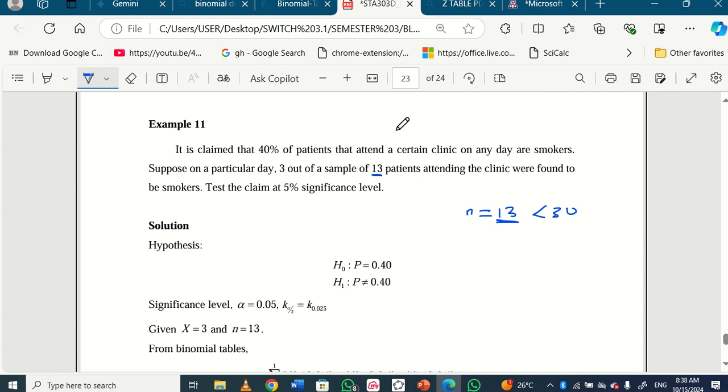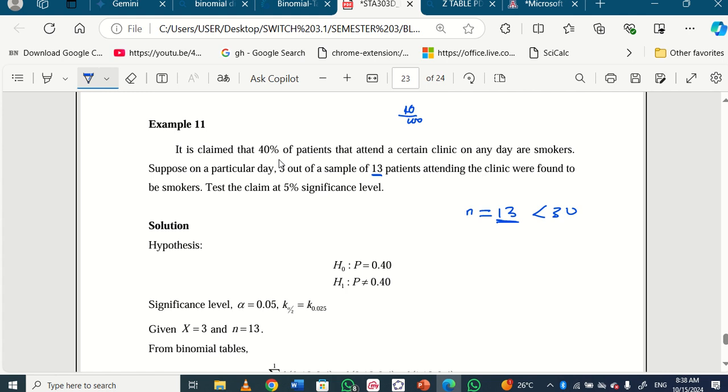Okay, so this 40% is our hypothesized proportion. 40% is the same as 40 over 100, and that gives us 0.40. So for the null hypothesis, we are saying that P should be equal to 0.40. Then the alternative is saying that it shouldn't be equal to.